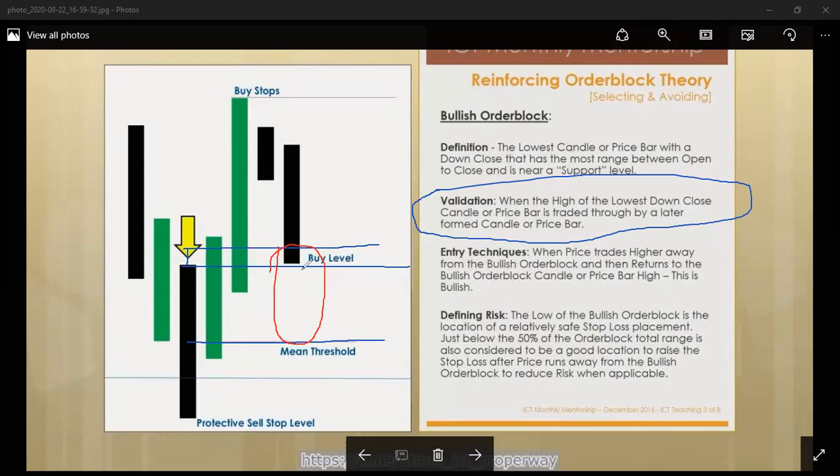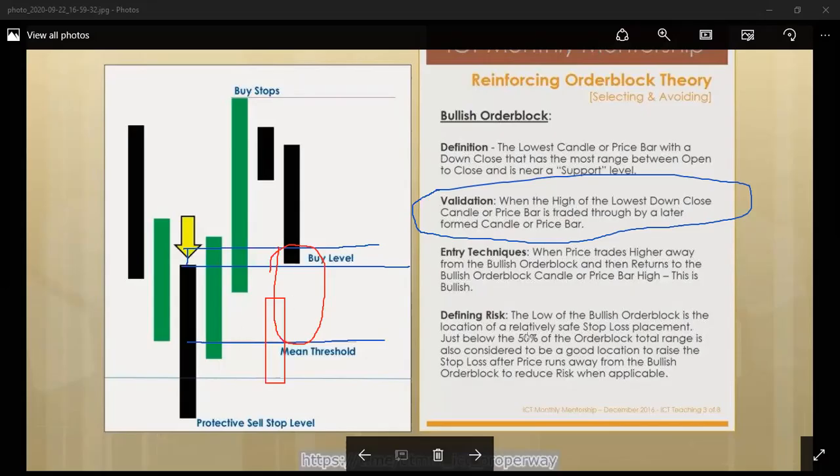As long as price still reverses inside here, the order block is valid. When does the order block become invalid? When price comes down and closes below the 50%. If price closes below the 50%, it's no longer a valid order block.